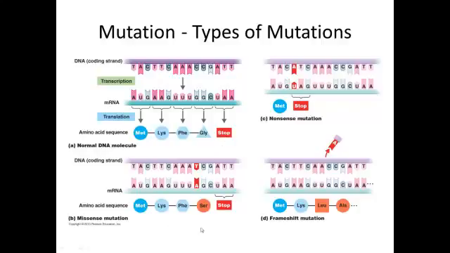Okay, now for missense mutations, we have some diseases that resulted from a single change in a nucleotide sequence that resulted in a single change in an amino acid that results in a disease. Cystic fibrosis is a prime example. Okay, we've got a change in one amino acid that results in mucus being produced that's thicker than normal because of one amino acid change in the protein of the mucus.